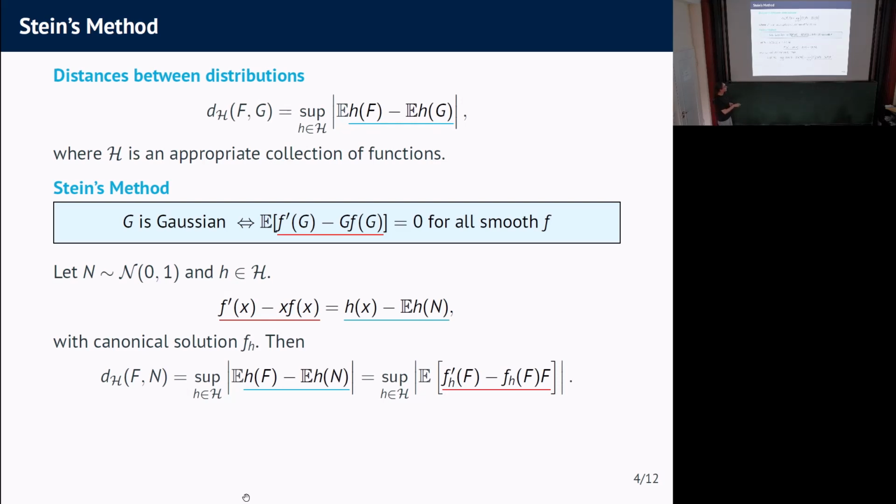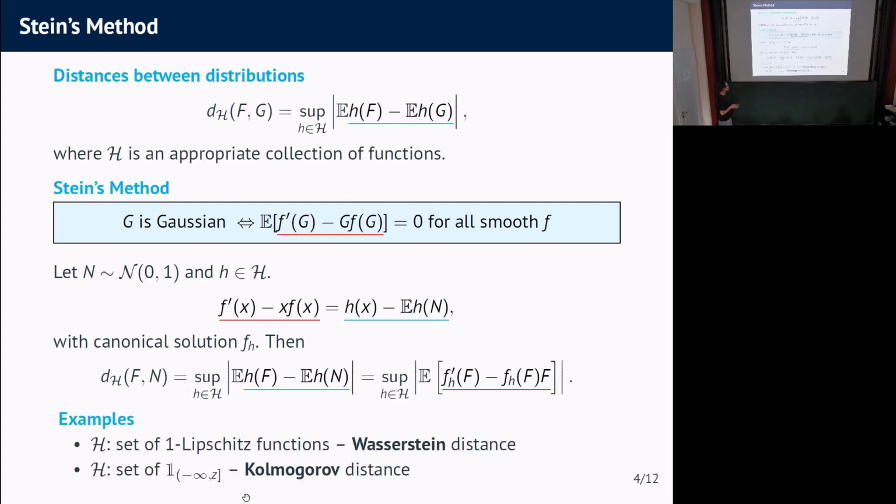So this is what Stein's method gives us, and now we have to use Malliavin calculus to bound this thing for Poisson functionals. The distances that we're considering in this talk are the Wasserstein distance and the Kolmogorov distance. So for Wasserstein, we plug in the collection of Lipschitz functions with Lipschitz coefficient 1.